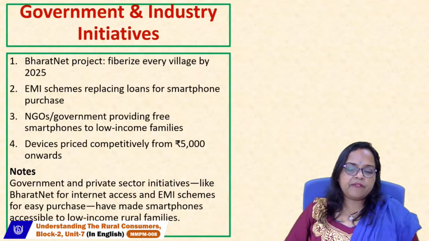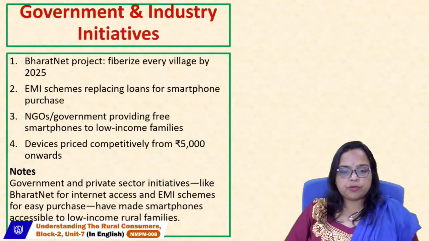NGOs and the government are providing free smartphones to low-income families. Many examples are there where NGOs or companies are providing their employees with free smartphones for low-income families. Devices are priced competitively from 5,000 onwards. Mobile manufacturing companies are also smartly pricing the devices.